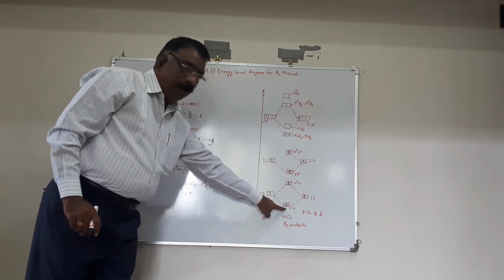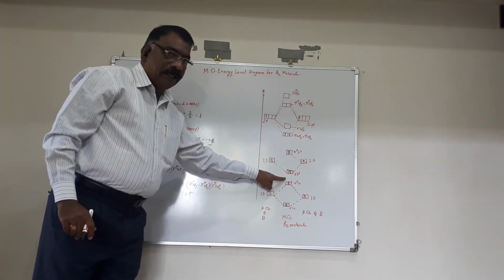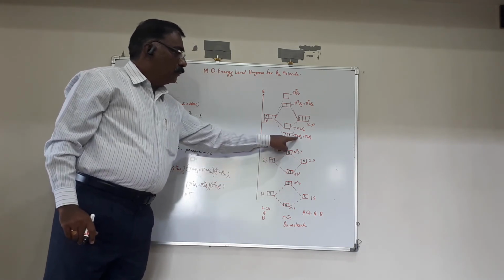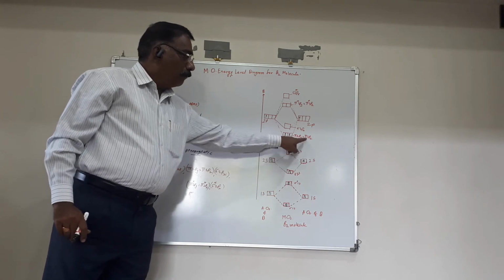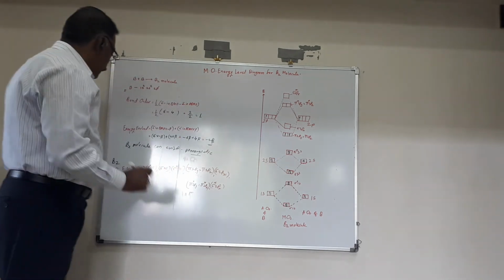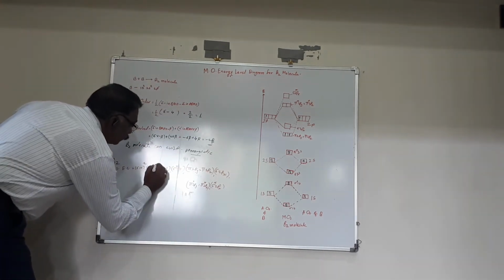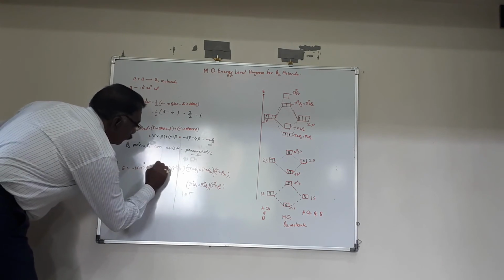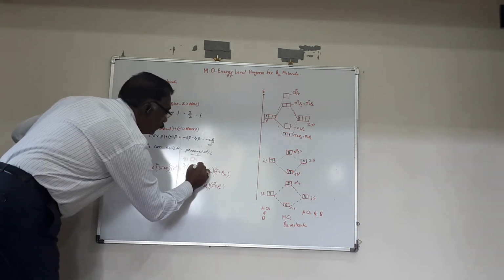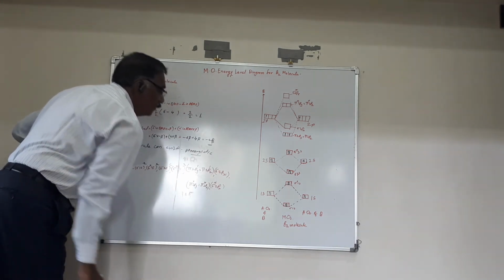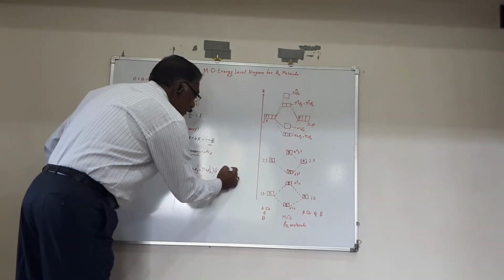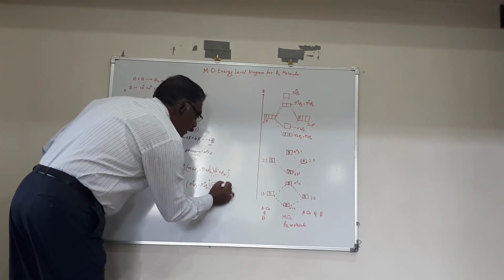Like that, for the B2 molecule: σ1s2, σ*1s2, σ2s2, σ*2s2, then π2py1 and π2pz1. The other orbitals have 0 electrons. There is no need to write them, but you can write them also.